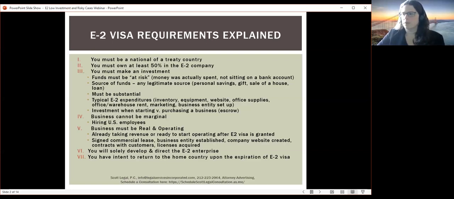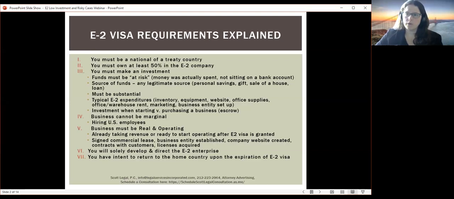So for example, if you're starting up a service-based firm like a consulting company, you spend money on office space, equipment, maybe some marketing, a website, software, everything that you need to get the business to the point that you can actually operate it is what needs to be spent.